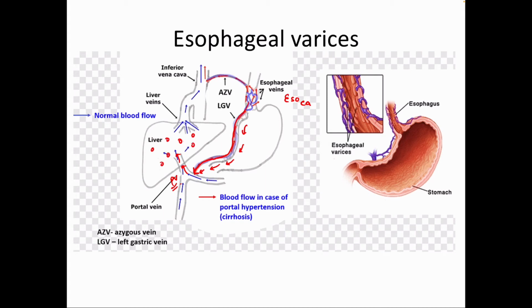This is one concept. The second concept is that whenever portal vein pressure is high, this pressure will be transmitted via the left gastric vein, and then there will be formation of esophageal varices. So esophageal varices happen because the portal vein is passing its pressure into the left gastric vein, because they both communicate.